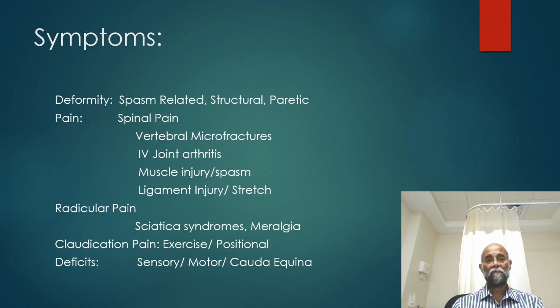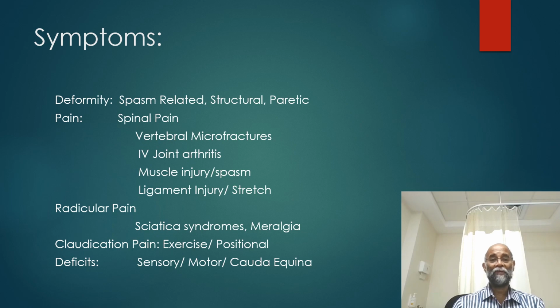Deformities of the vertebral column might be temporary, as occurs in muscle spasm associated with some disc prolapses or with injuries. They may be structural because of an abnormality of shape of the vertebra or because of a pathological fracture, or it might be paretic because the nerves supplying paraspinal muscles have weakened.